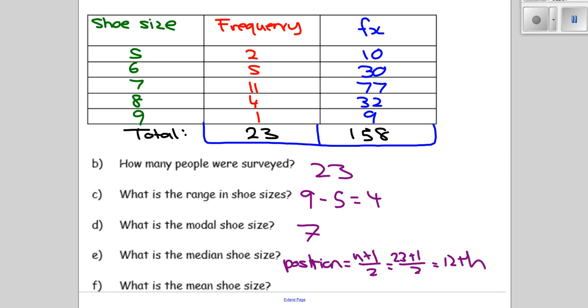No, it's just the position. It's the 12th number. So the first 2 numbers are 5s. The next 5 numbers are 6s, so that's a running total of 7. So the 12th number must occur in the next group, shoe size 7.